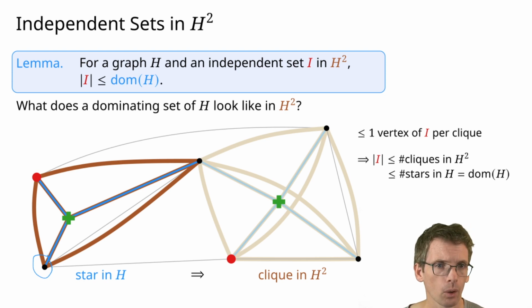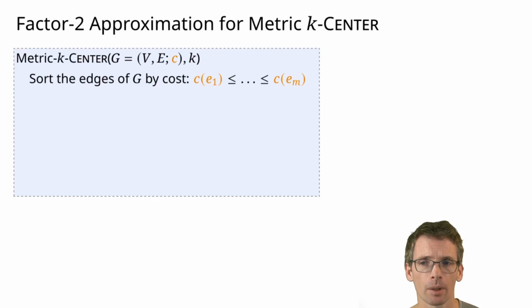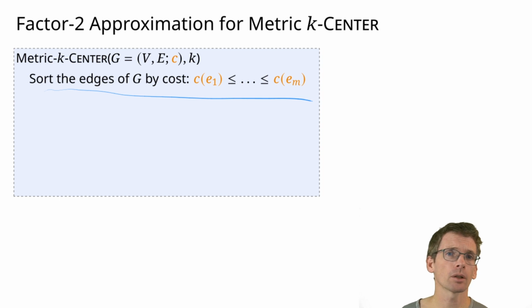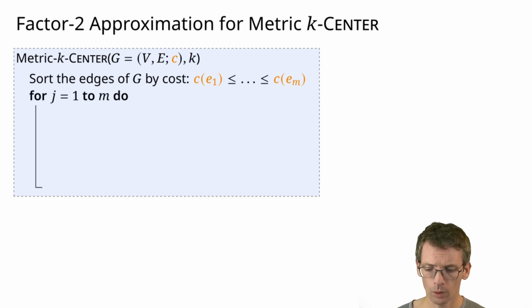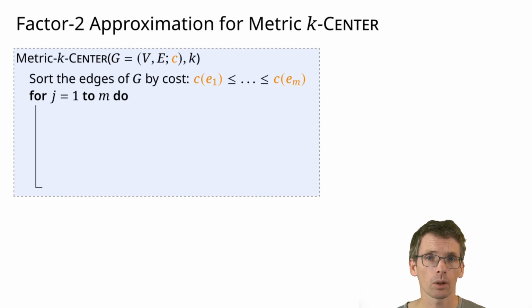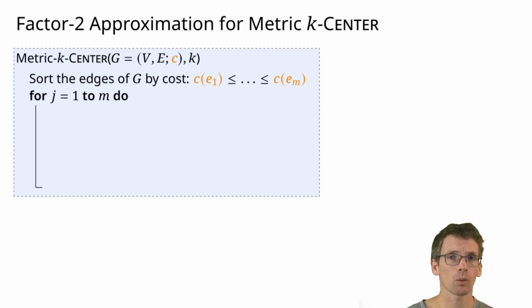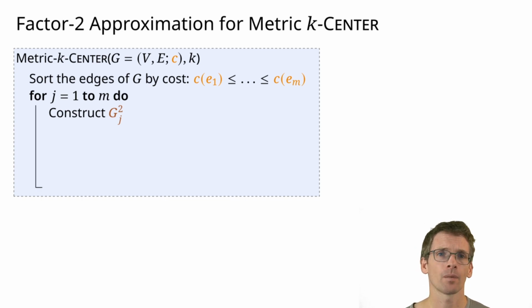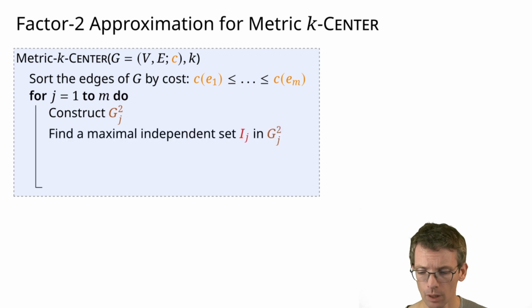Now we have all ingredients in place for our algorithm. So let's describe an algorithm. We take all of the edges, sort them by cost, and then run through those from smallest cost to largest. We look at the graph Gj, or more specifically its square, so we only need to construct the square of the graph Gj. In that graph, we find a maximal independent set.